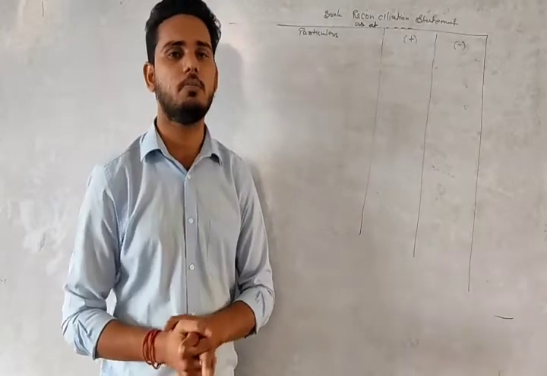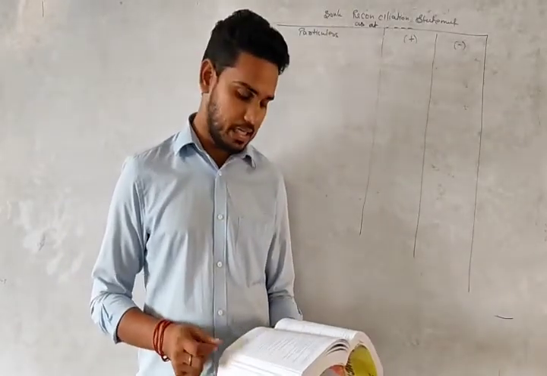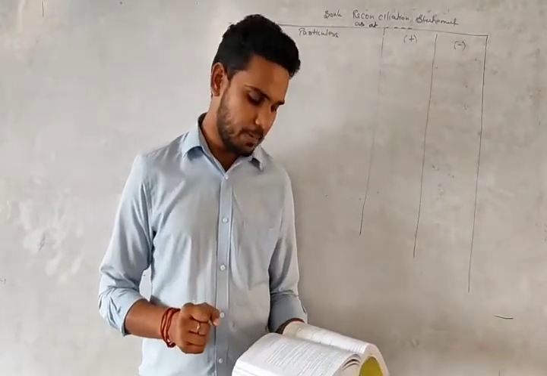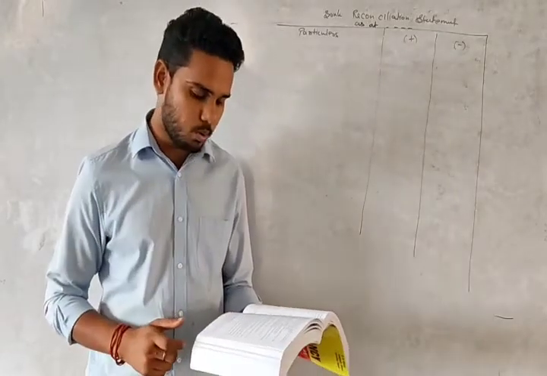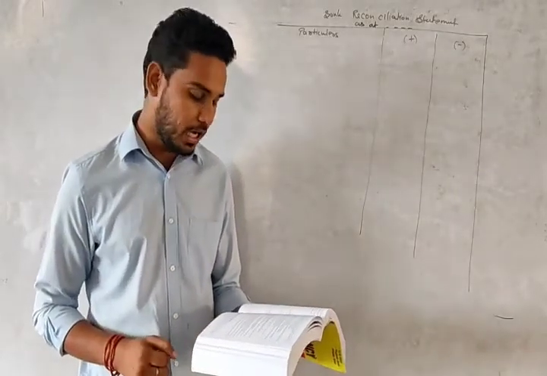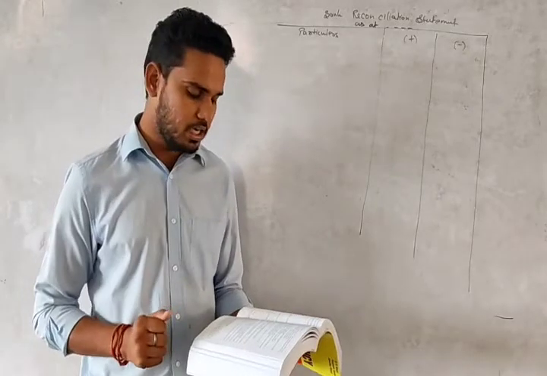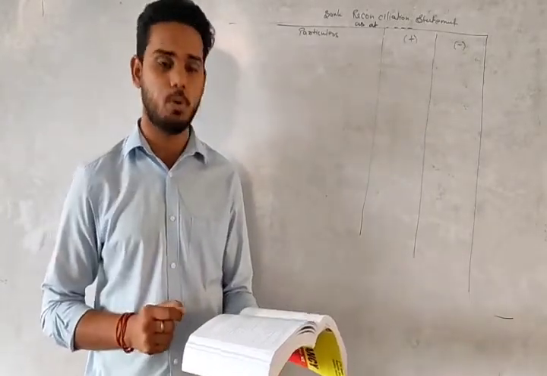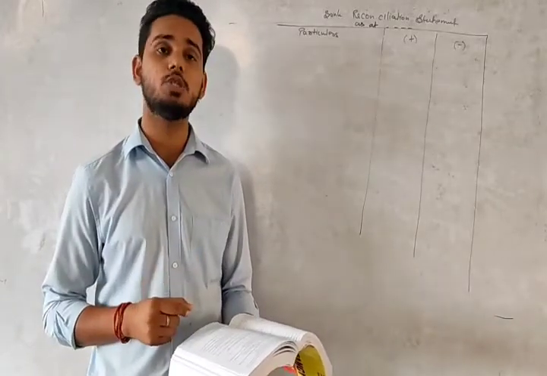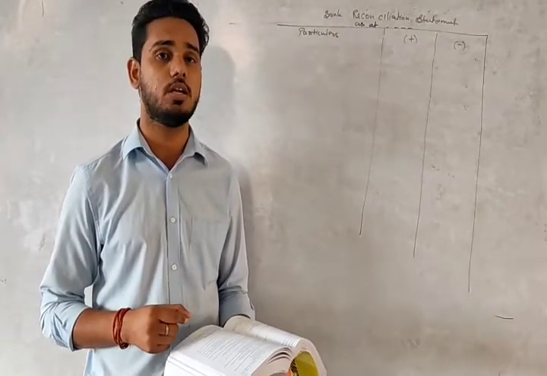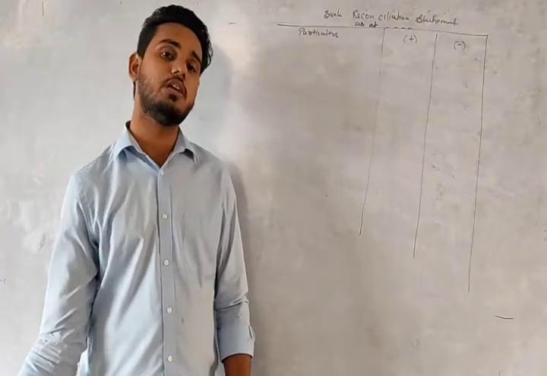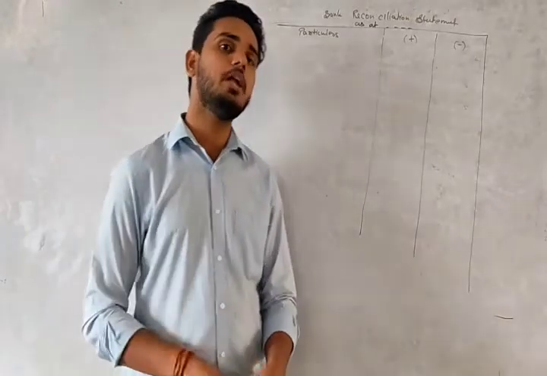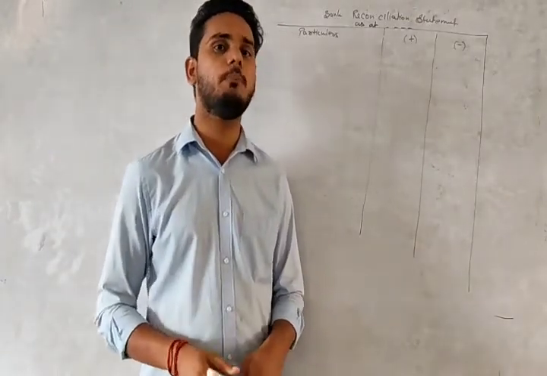So let's see question number 1. In question number 1, it is given that Rimchim Limited maintains a current account with the State Bank of India, and on 31st March 18, the bank column of its cash book showed a debit balance of 1,54,300. So it is given in the question that we have a debit balance in our cash book bank column.